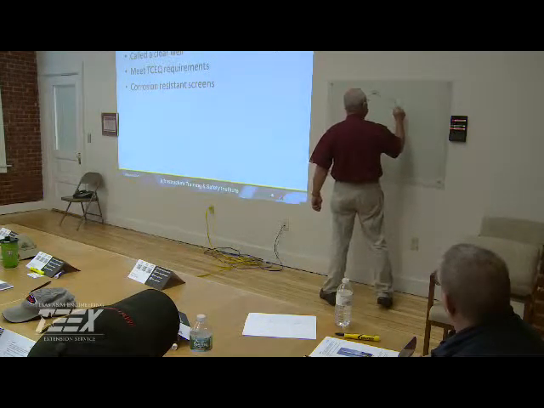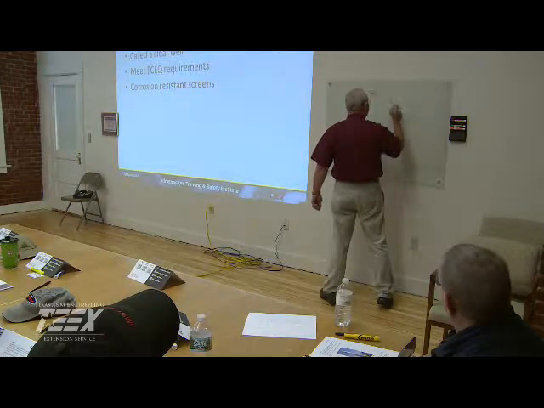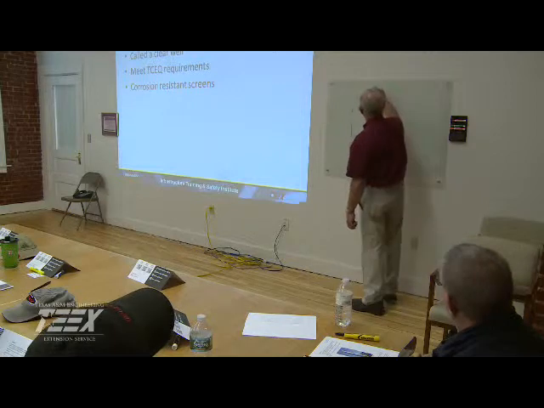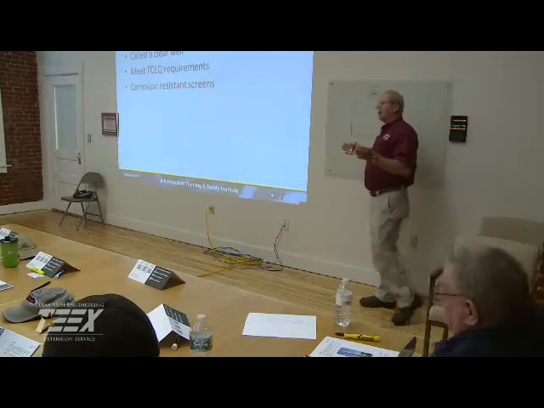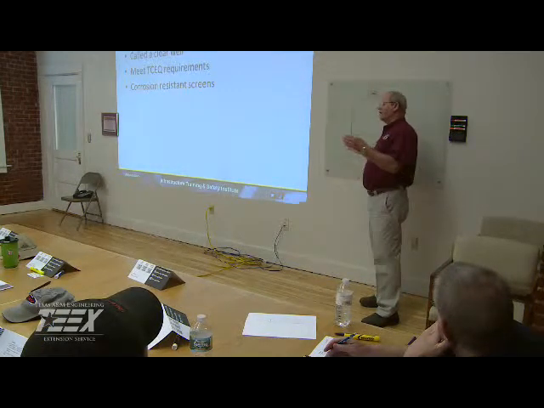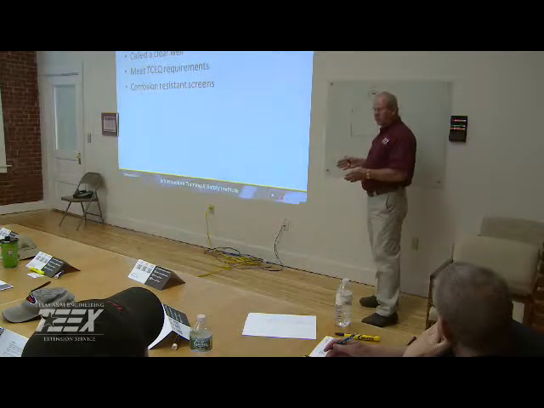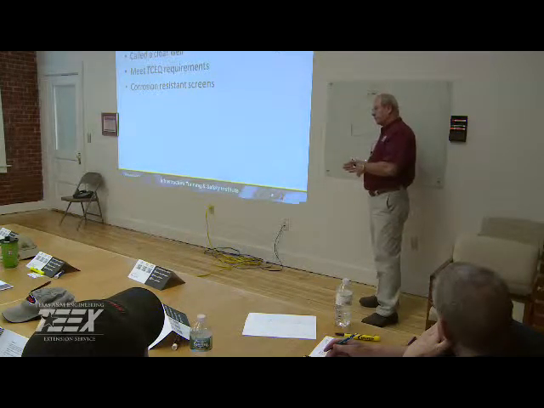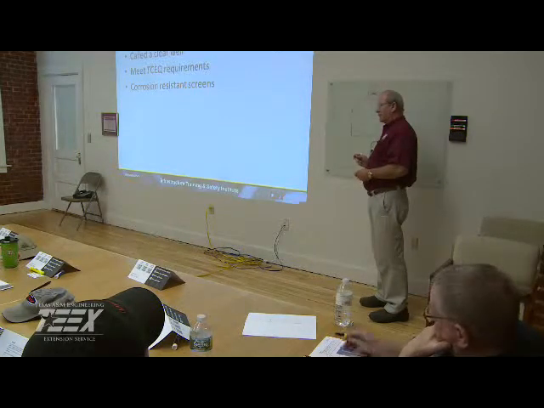Let's put the overflow over here too. And we're going to talk about the vent. First of all, the vent must be large enough to prevent both a vacuum when our boosters are running and also relieve pressure whenever it's being filled. If this is too small, there could be damage to the tank.